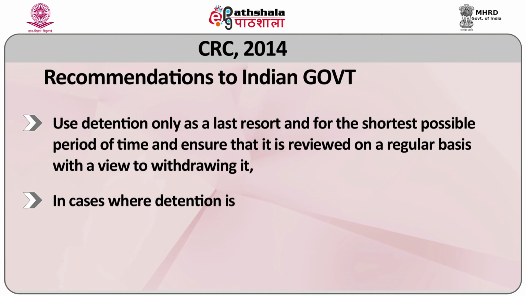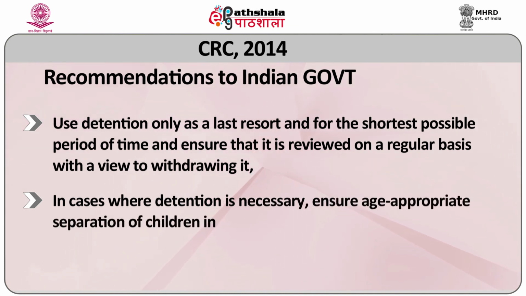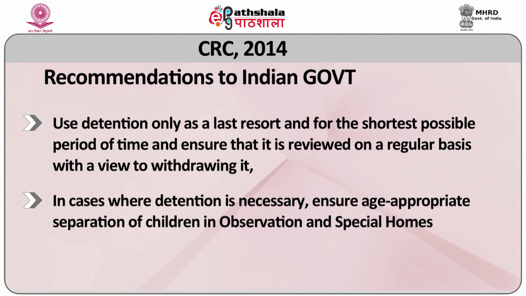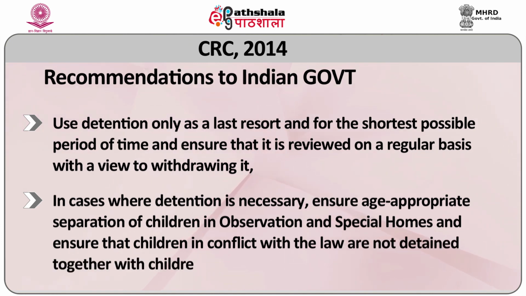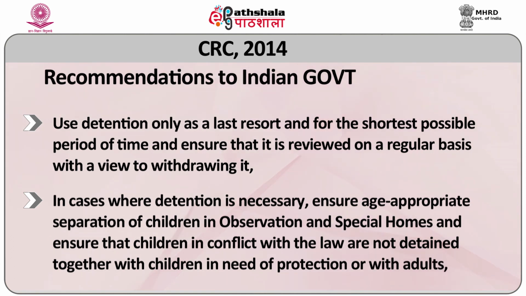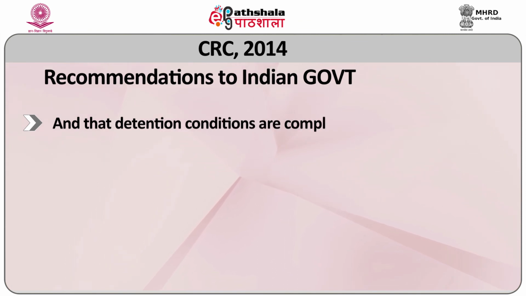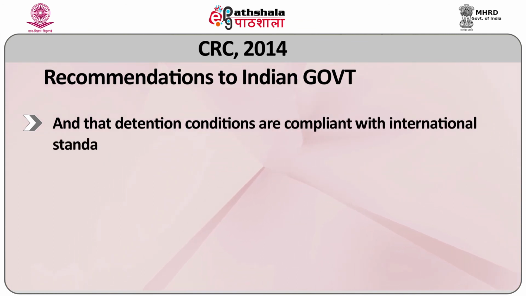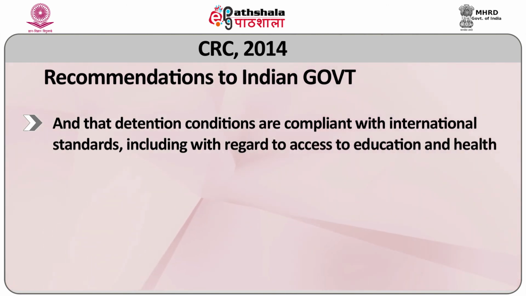Seventhly, in cases where detention is necessary, ensure age-appropriate separation of children in observation and special homes and ensure that children in conflict with the law are not detained together with children in need of protection or with adults, and that detention conditions are compliant with international standards, including with regard to access to education and health services.